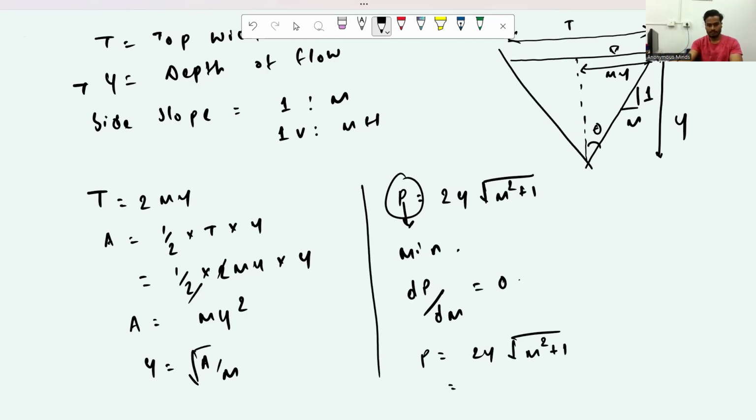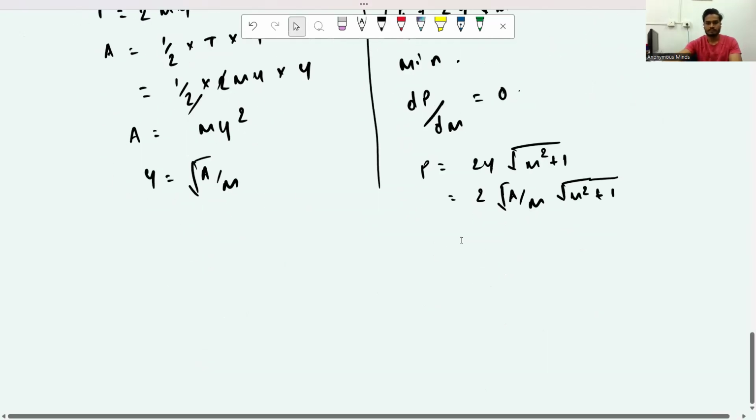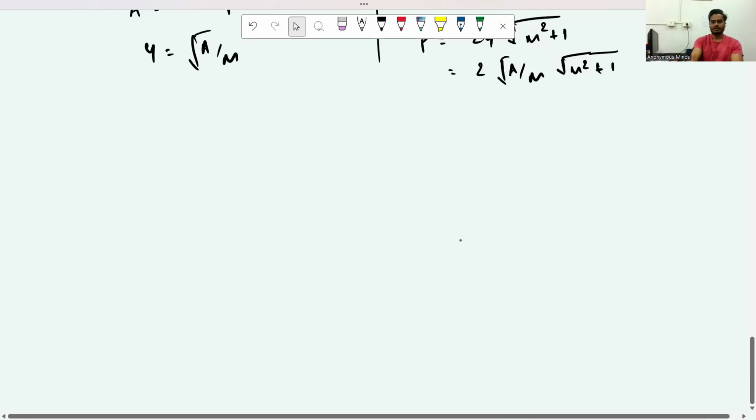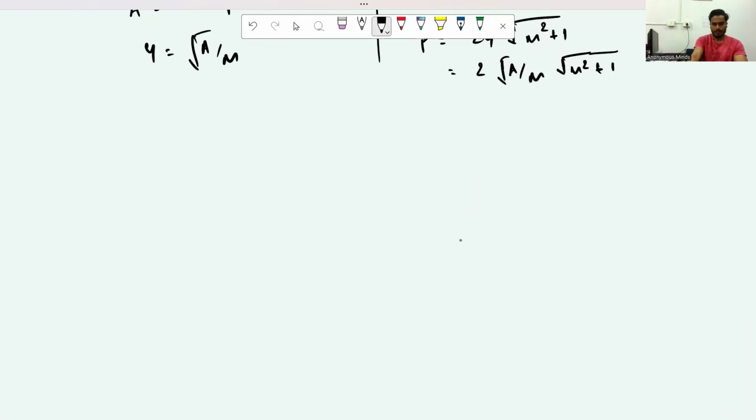I can write 2 under root A upon m under root m square plus 1. So P is equal to 2 under root A, again under root m square plus 1 upon m.